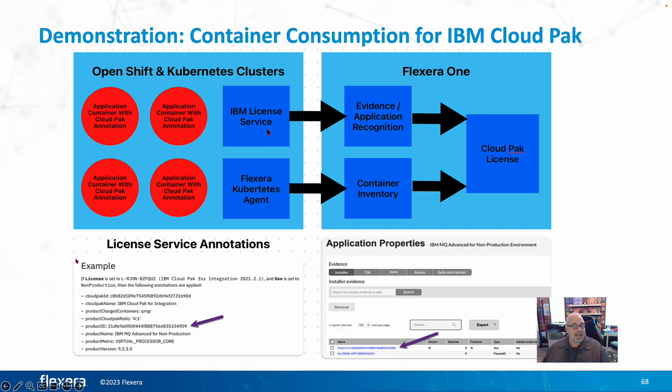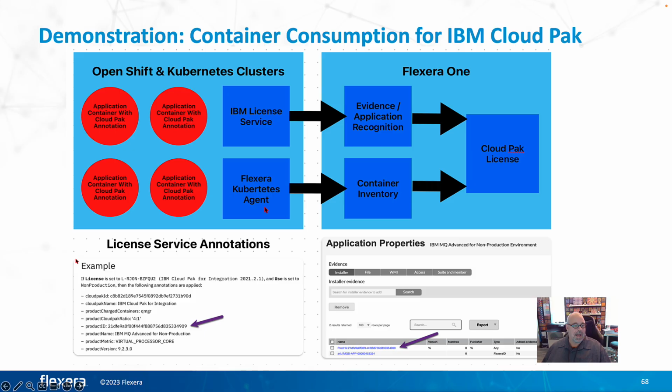The IBM license service is running on these clusters, and that IBM license service is what reads those annotations and provides that back to Flexera One as evidence for application recognition.